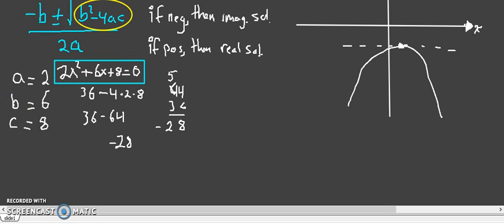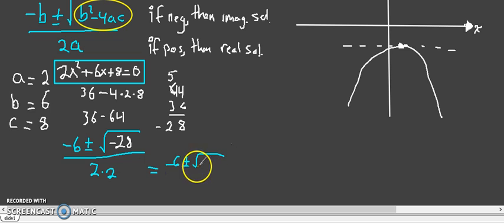If we want to solve for it, then we have this negative 28 under the radical. So now we have negative b, which is negative 6, plus or minus the square root of negative 28 divided by 2 times a, which is 2. So then we get negative 6 plus or minus the square root of negative 28 divided by 4.